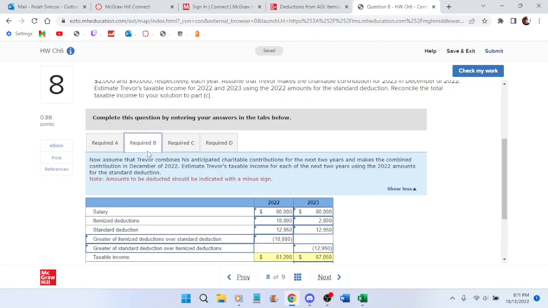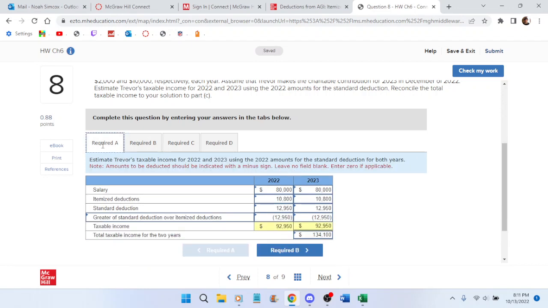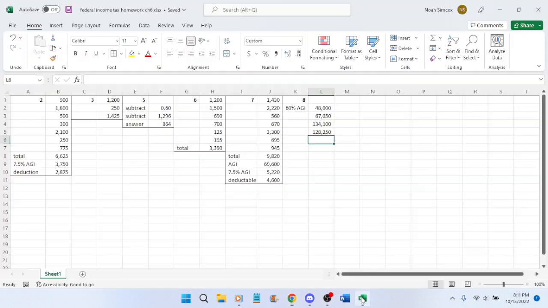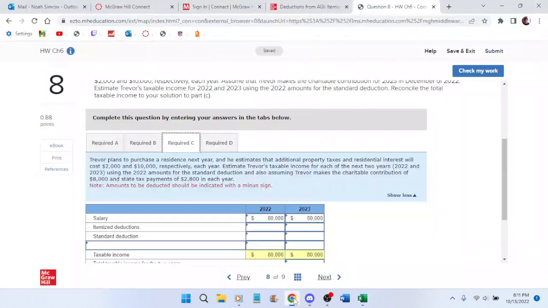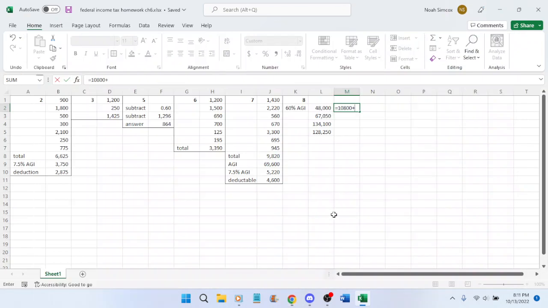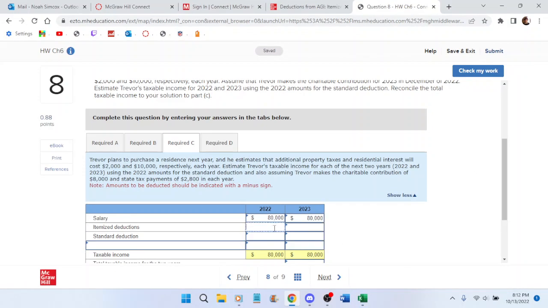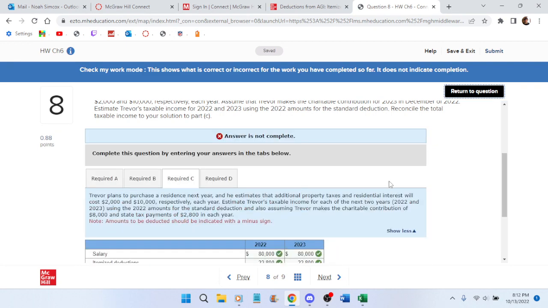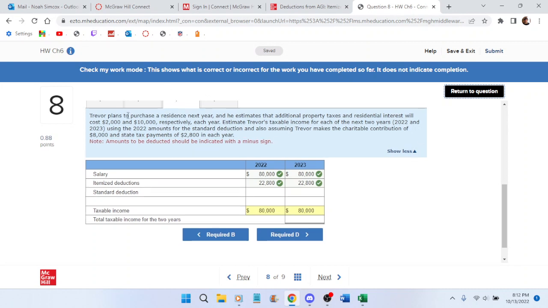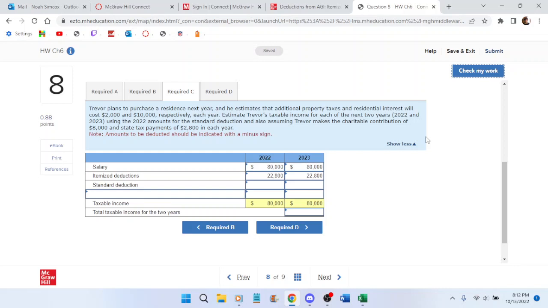Our original amount was 10,800. And now we'll add 12,000, and we have 22,800. So let's see if that's correct. It just so happens to be that both of those are deductible. If only I knew why.